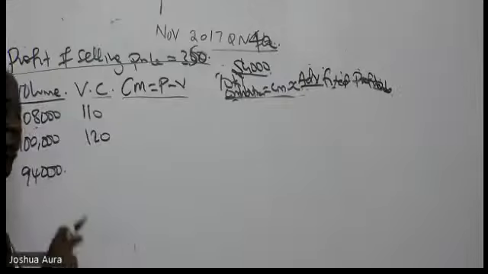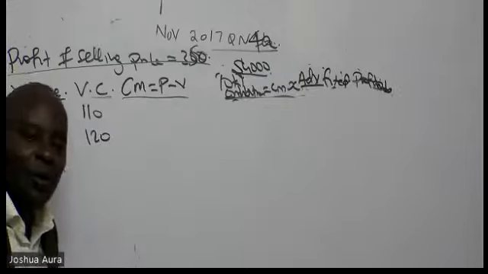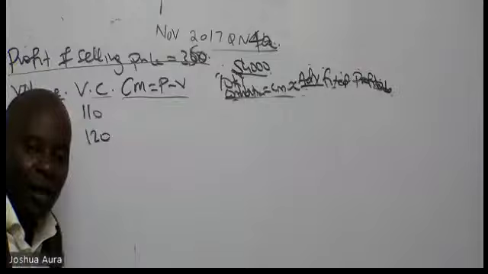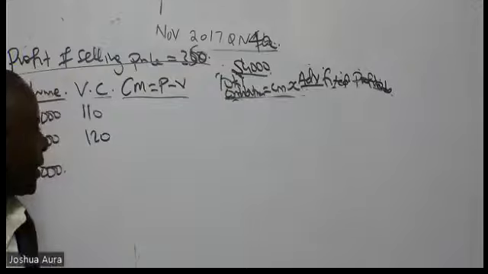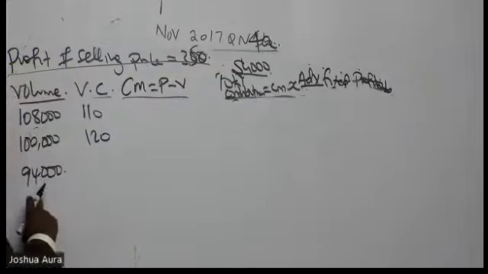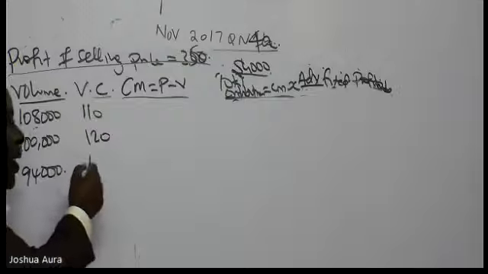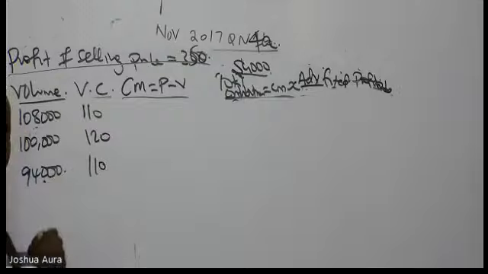So how about this 94,000? What variable cost should I use for 94,000? I can see it's less than 100,000. And anytime you produce less than 100,000 units, the variable cost will be 120.